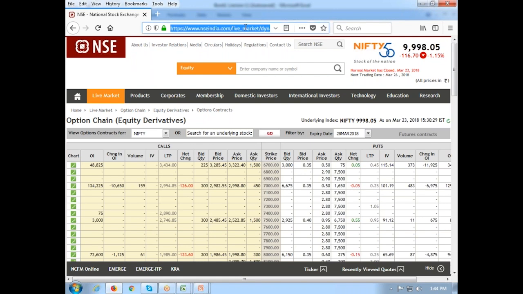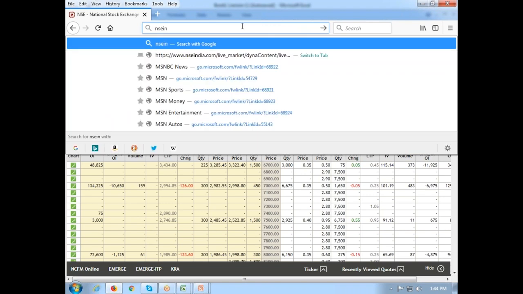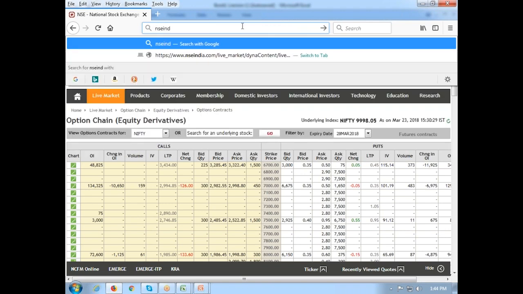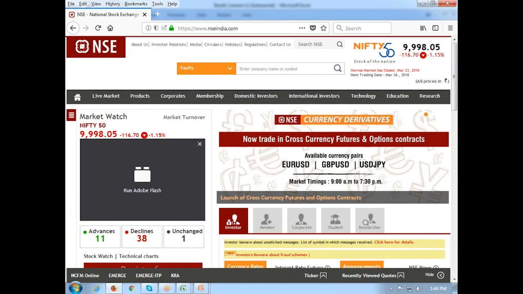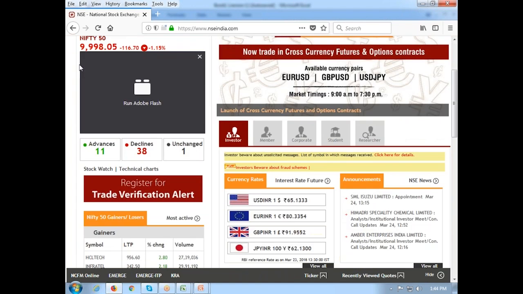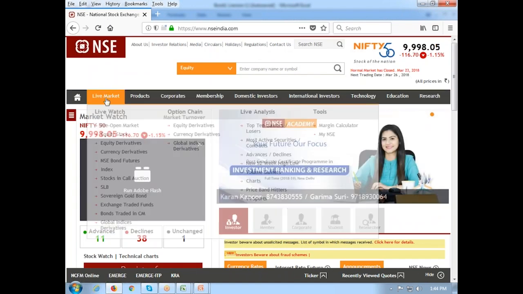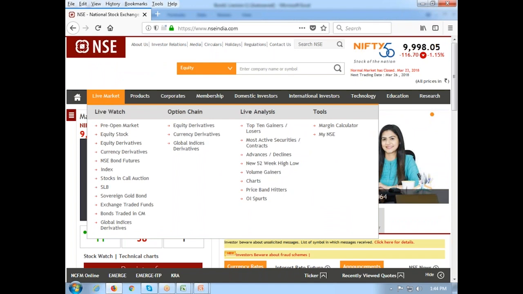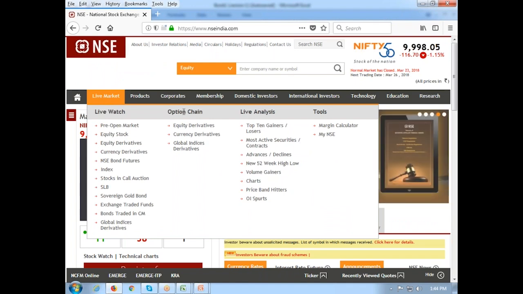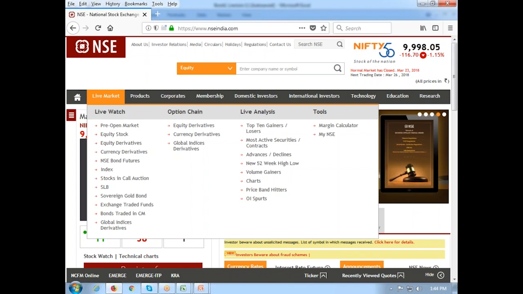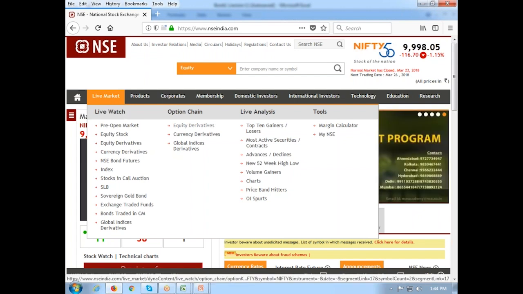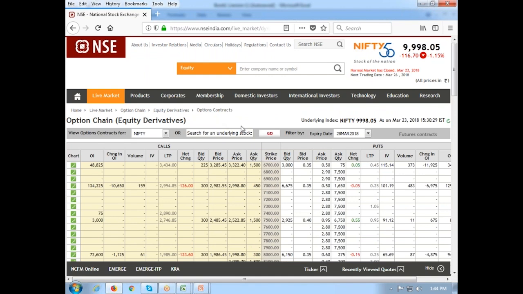Let me open it for you fresh. This is the homepage of NSEindia.com. In order to search for option contracts in the live market, to see what prices are running, what we do is go to live markets, option chain, equity derivatives. You click on that.